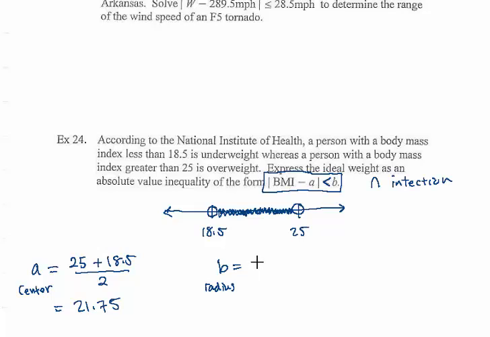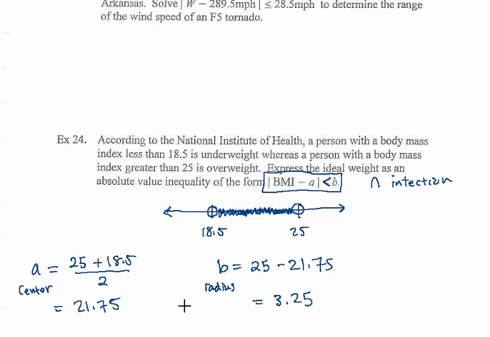And then our radius is simply, I usually take the bigger of the two limits and subtract the center from it. So 25 minus 21.75, we get, let's see, 3.25.